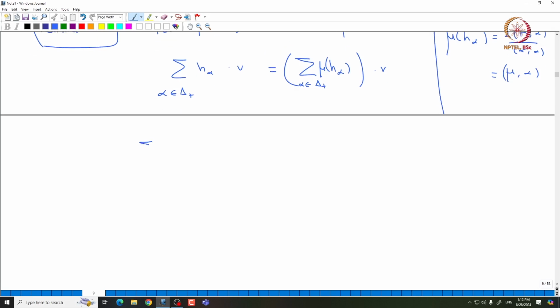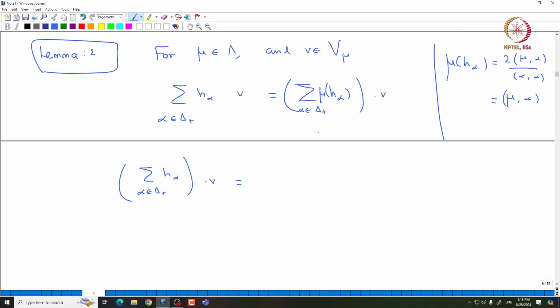So the summation of H_alpha over alpha in delta plus acts on this v as follows. If you run the summation over alpha in delta plus, you can easily see that this is exactly (mu, 2 rho) acting on v, because the sum over mu of H_alpha is the sum over (mu, alpha). Since this is a bilinear form, you can take the summation inside, and the summation of alpha over delta plus is nothing but 2 times rho.